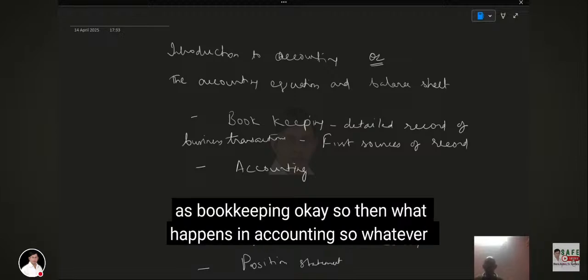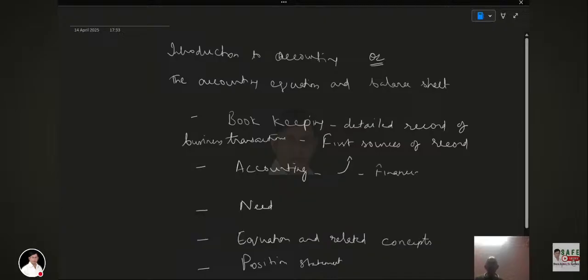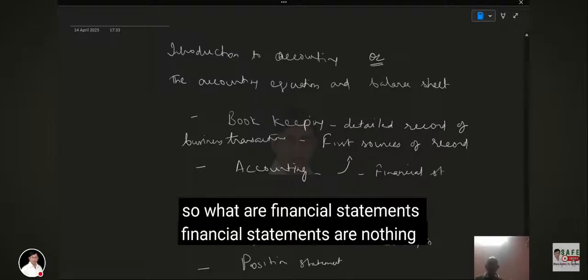Then what happens in accounting? Whatever information is derived from this is converted into financial statements. So what are financial statements?